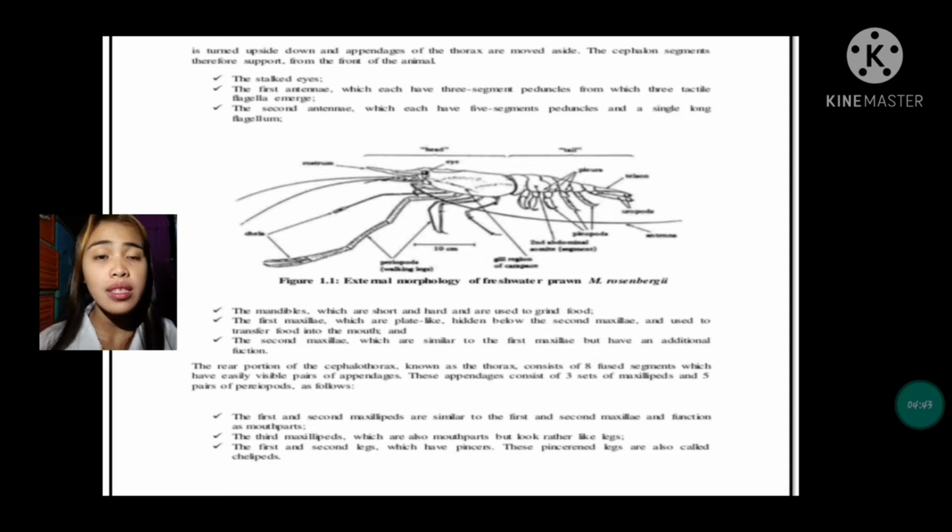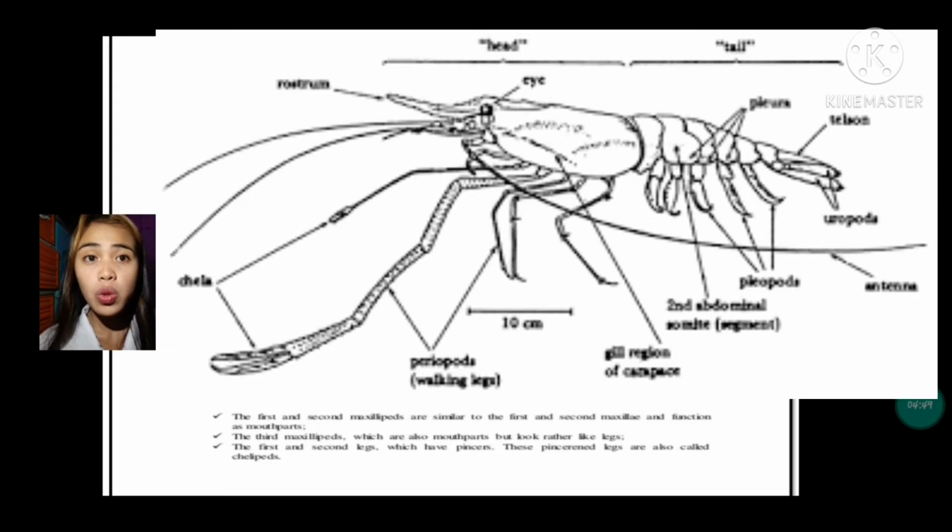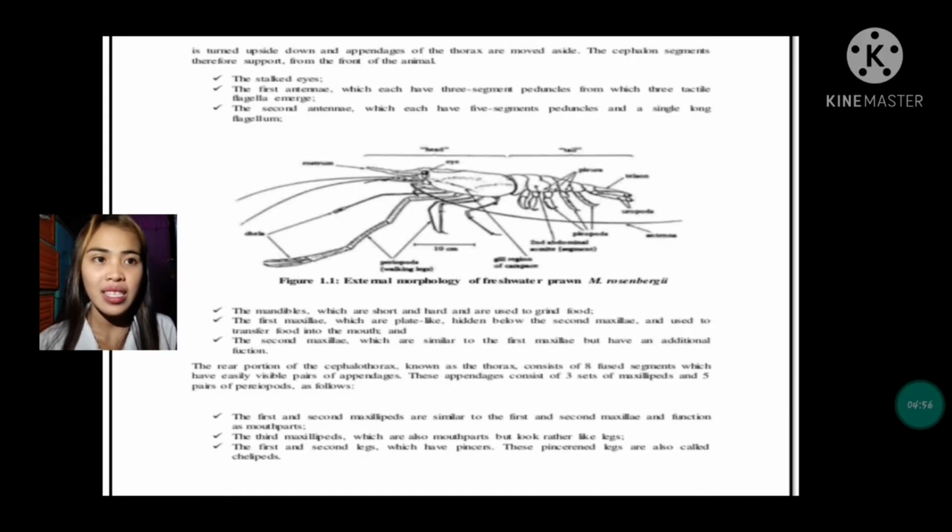And then the next is the first maxillae. This transfers the food into the mouth. It is plate-like. And the next is the second maxillae. The second maxillae is the same as the first maxillae, but it has an additional function. The next is the first and second maxillipedes.